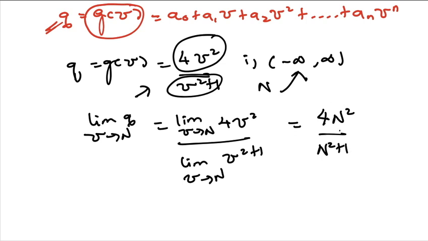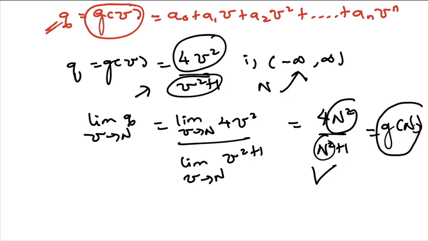And this one, the limit of q as v approaches n, is a function of n. You can see n clearly here. That means this limit exists and it is exactly the same as the function of n. So the 3 requirements are fulfilled for this kind of rational function. Why don't you try some other rational functions and see whether the limit really exists or not?